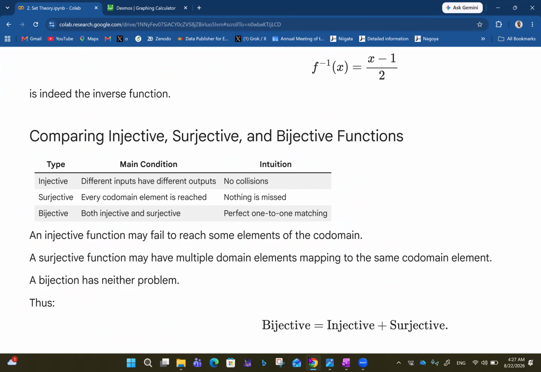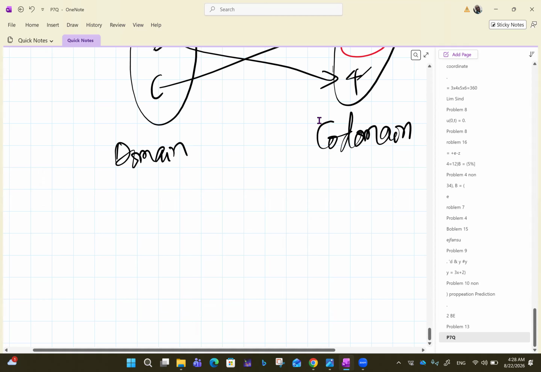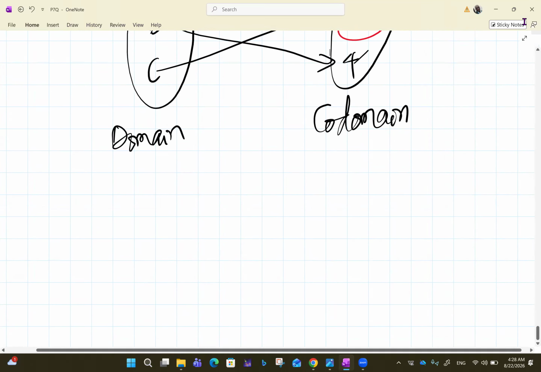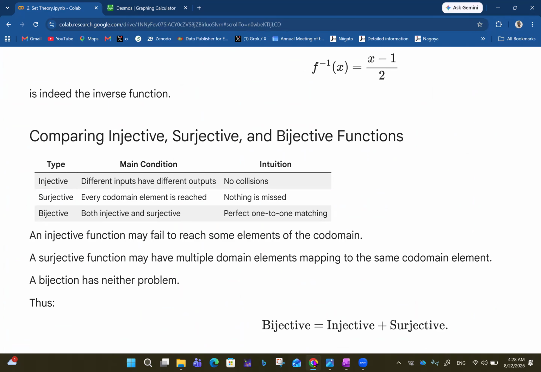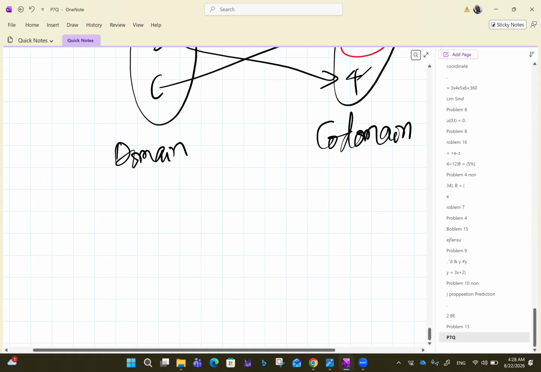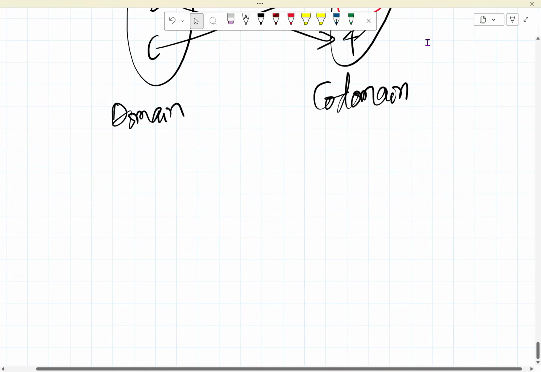Then secondly, a surjective function may have multiple domain elements mapping to the same codomain element. So like the case of x squared, like we had the other time.